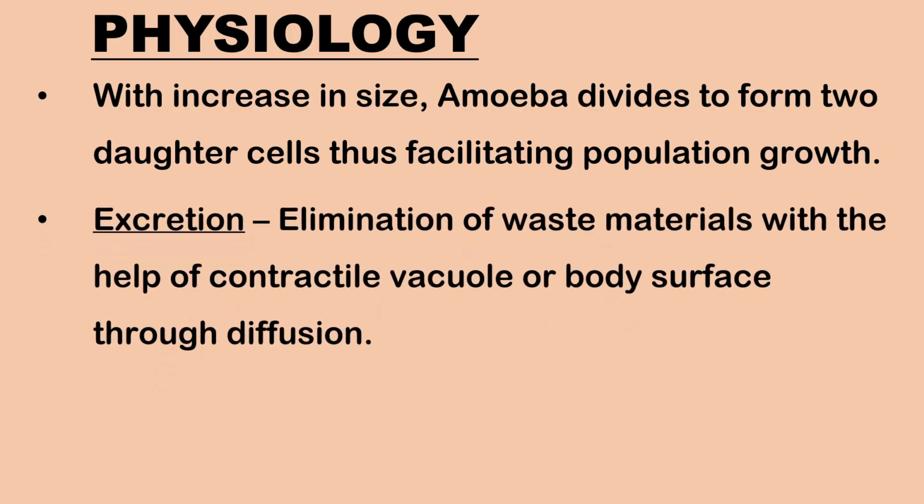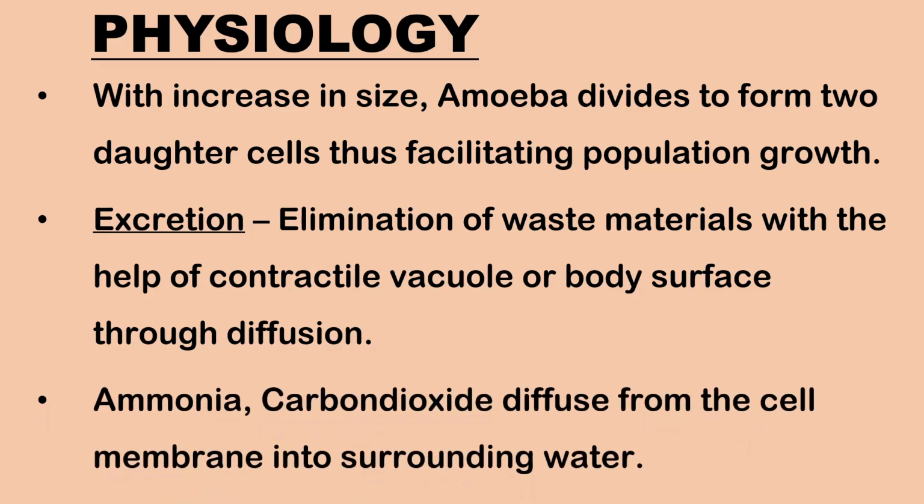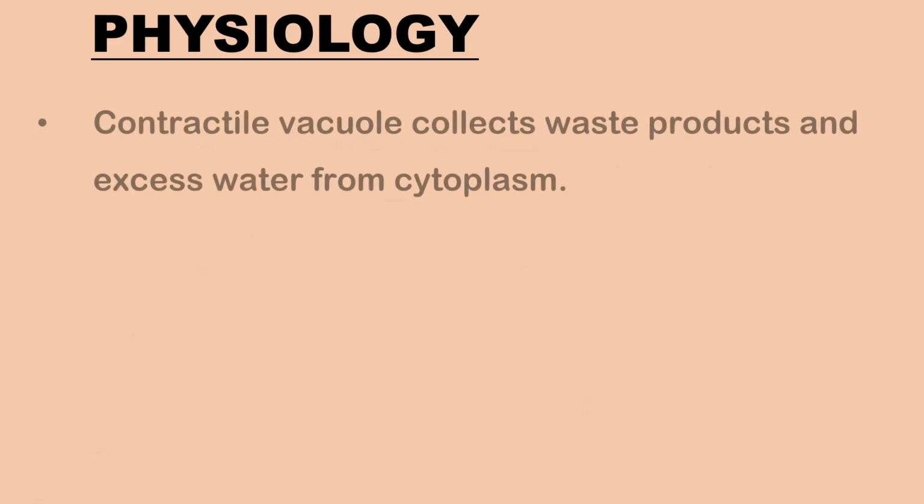Next is excretion. Elimination of waste materials from the body takes place through diffusion with the help of contractile vacuole or body surface. The waste products like ammonia and carbon dioxide diffuse from the cell membrane into the surrounding water.